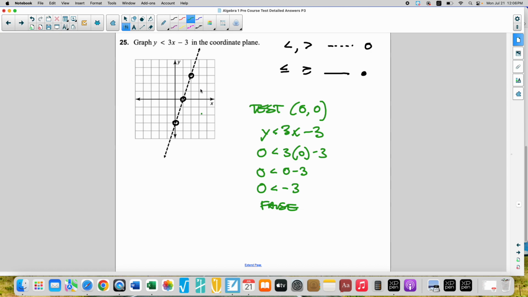This side is going to be true, and so we want to always shade the true side because those are the solutions. So we would graph on this side because this point is false. If this side is the false side, that means this side must be the true side. Good? And all the points on the boundary are false because they're open circles.